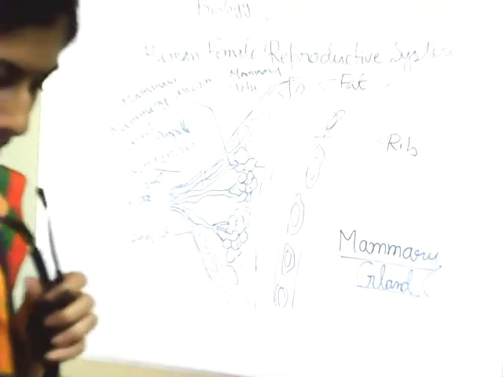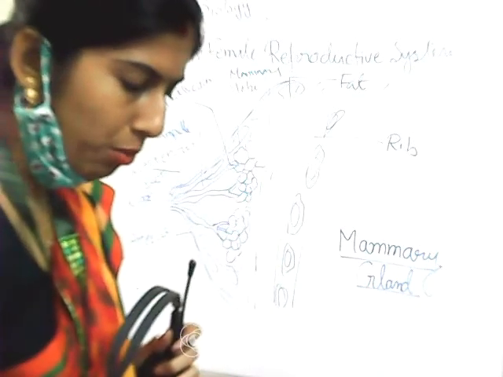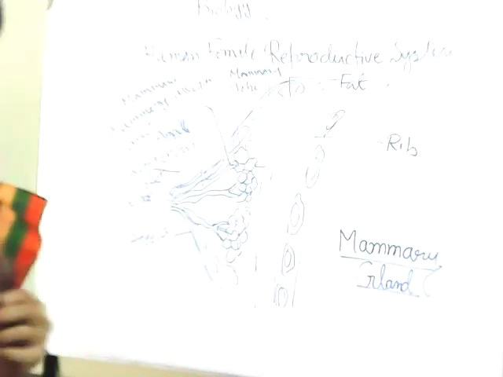Okay, so now you can see that I have drawn a structure of a mammary gland. So now you have to know from where milk is produced and how it is passed, and what the different parts of the mammary gland are.